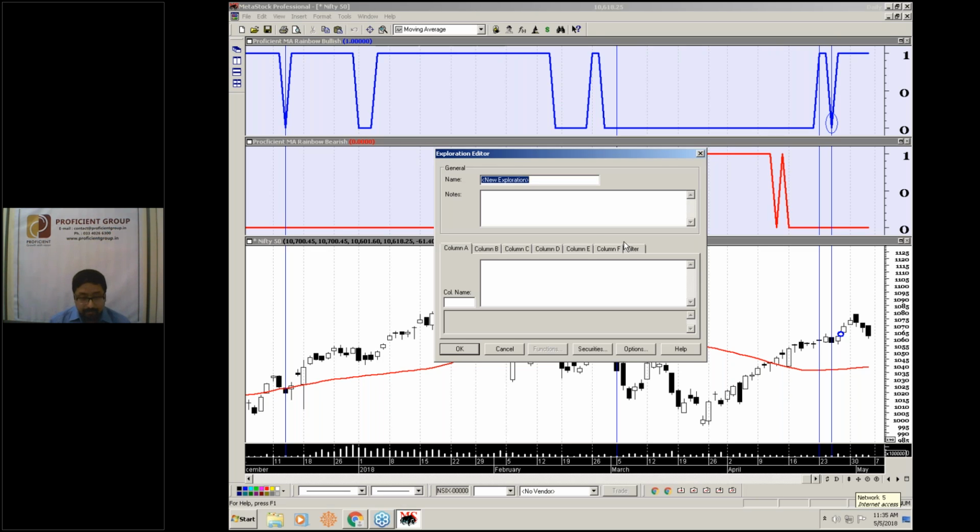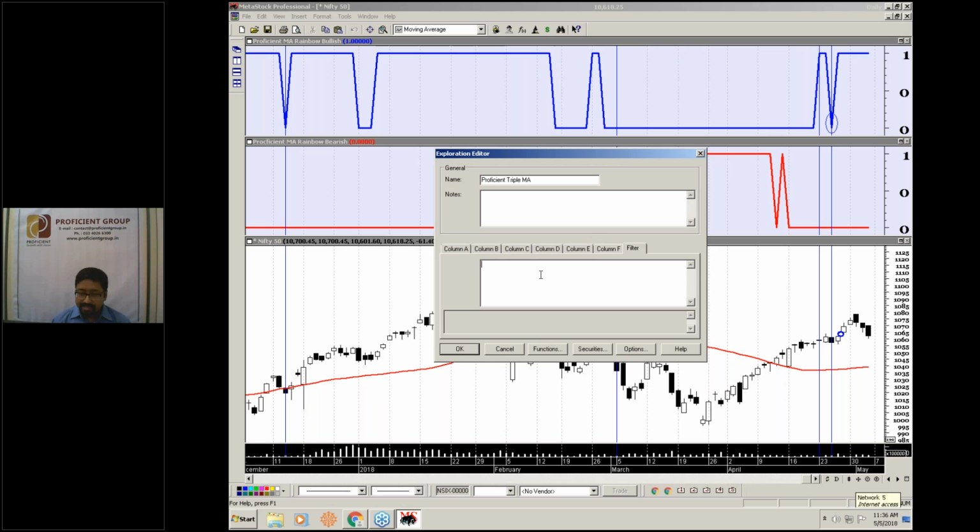So first I'm giving a new name. I'm starting with the name Proficient triple moving average, right? That's the name I'm using for this exploration, and I'm going to the filter tab where I will write down the actual code of this exploration.